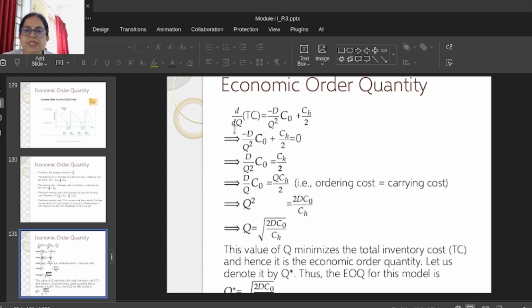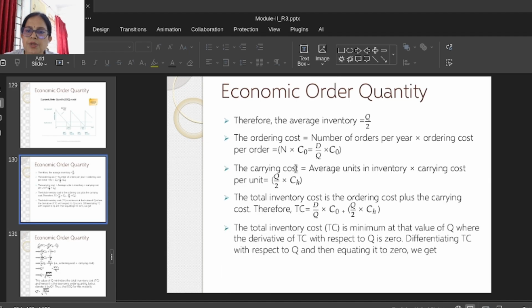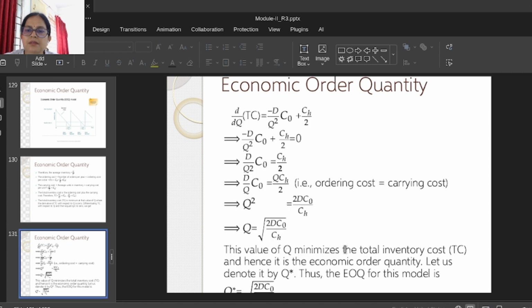By differentiating, we get dTC/dQ equals minus D by Q square into CO plus CH by 2. And we know dTC/dQ equals 0 at the minimum, because the derivative of a constant is 0. So this is 0.